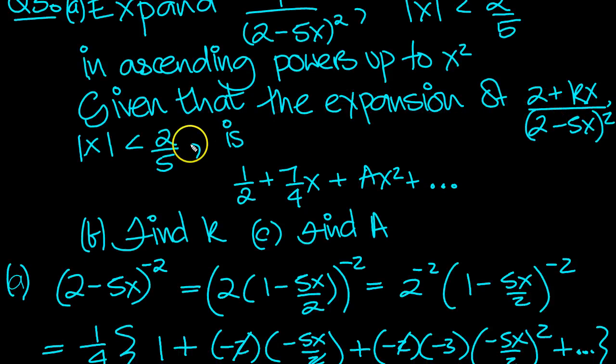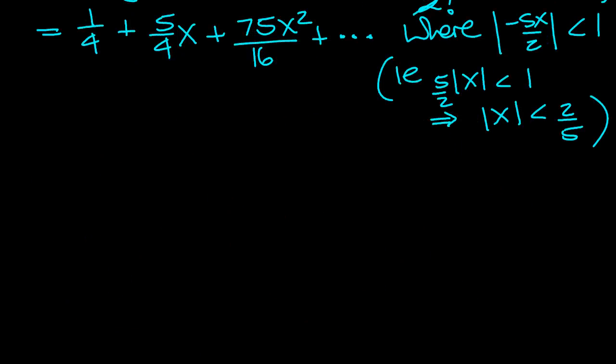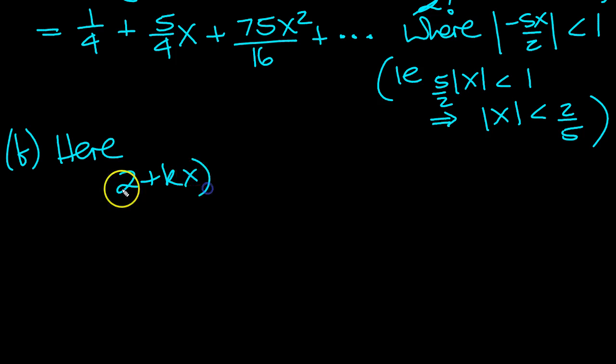Given that the expansion of this is this, find k and find a. So for part B, we've got 2 plus kx times the thing we had above, the squared term underneath, which is none other than this series here.